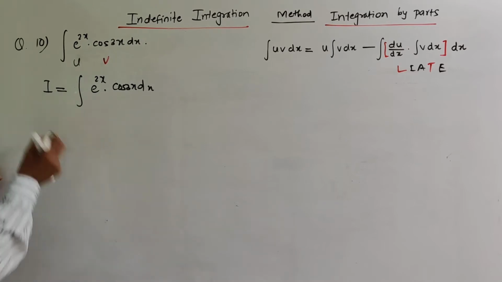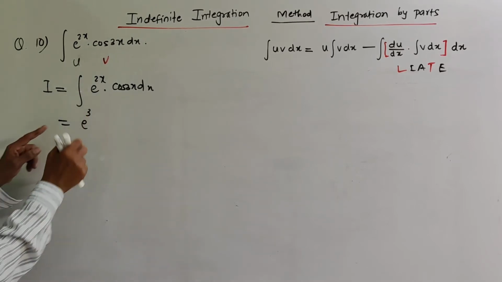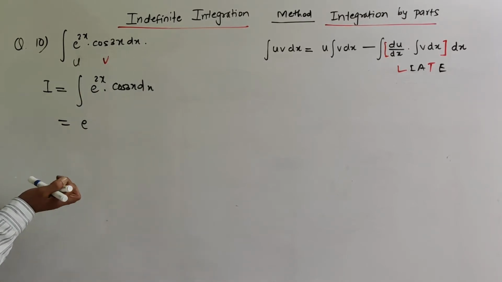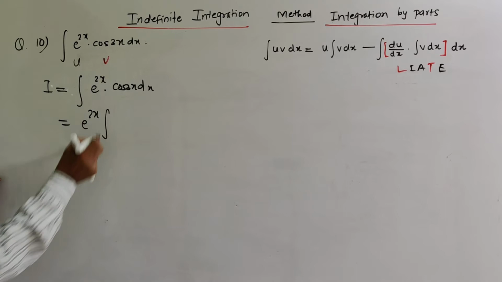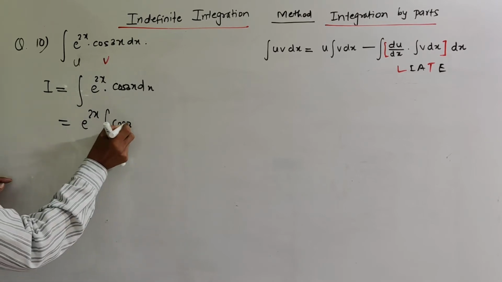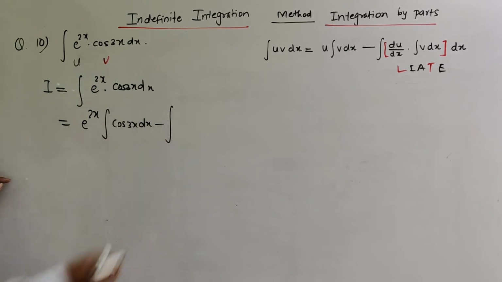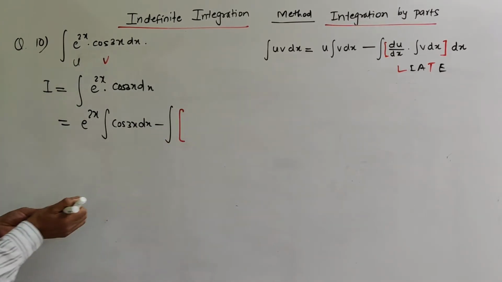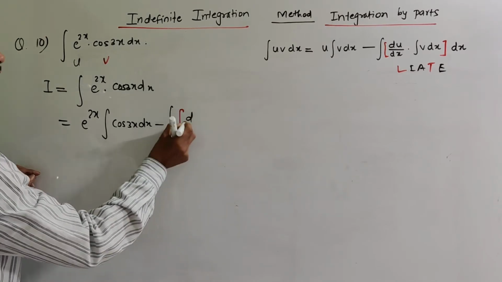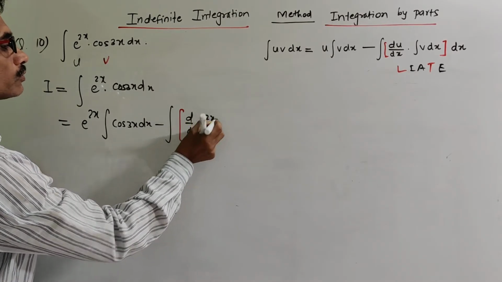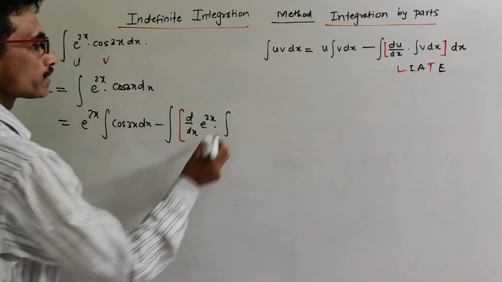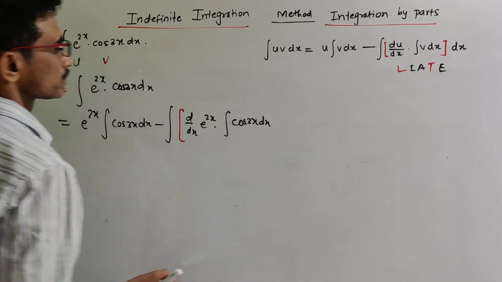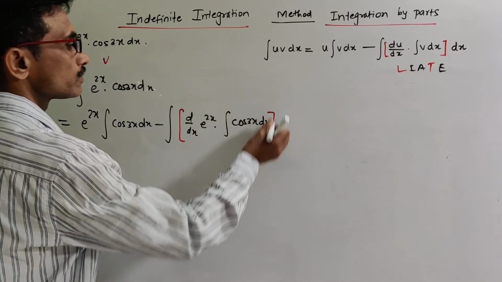This is u, so u as it is, e raised to power 2x, integration of cos of 3x dx minus integration of derivative of u, so derivative of e raised to power 2x into integration of cos of 3x dx, and here the bracket is complete and whole dx.